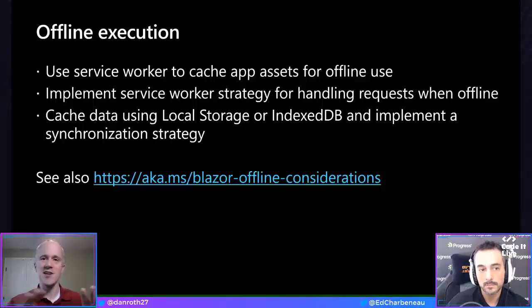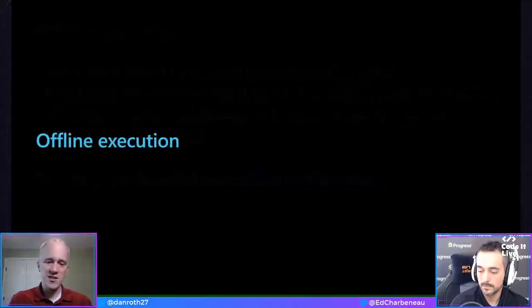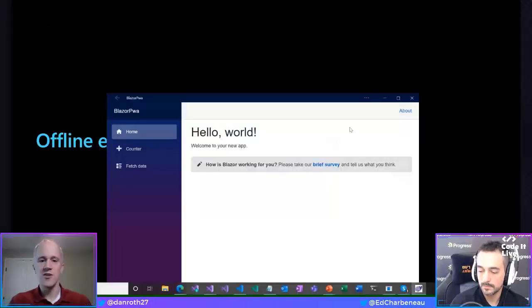Now, as you can tell from the questions, implementing support for offline in a web app is non-trivial. There are some interesting considerations you need to think about. We do have a fairly extensive doc in the Blazor docs for all of the various nuances of dealing with offline, and I would point you to this link to check out those considerations if you decide to support this feature. But let's go take a look at offline execution.